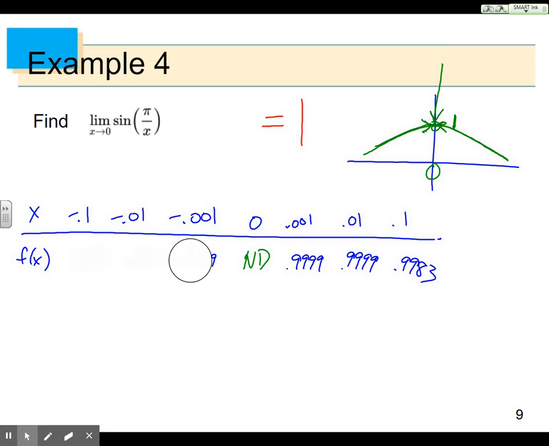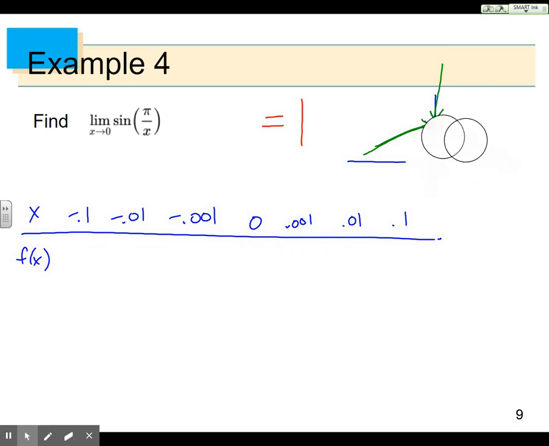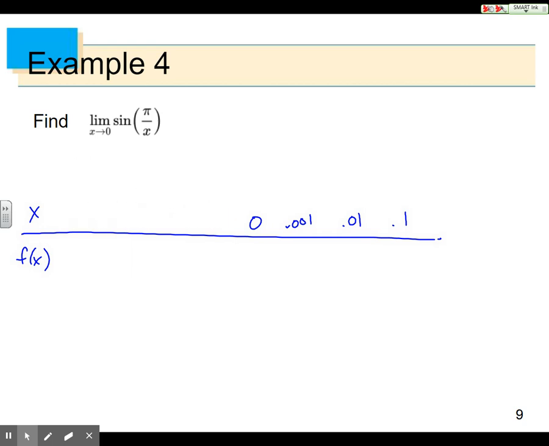And I'm not going to erase my X column this time. So let's plug in these values. I sadly don't have these values. Actually, let me just change this. I'm just going to do some different values here. So I'm going to use like 1.5.